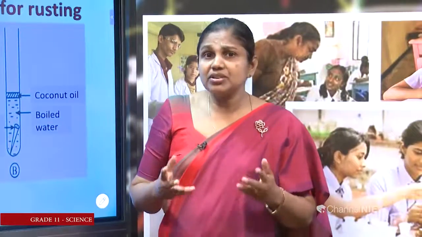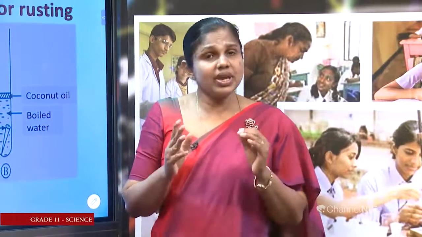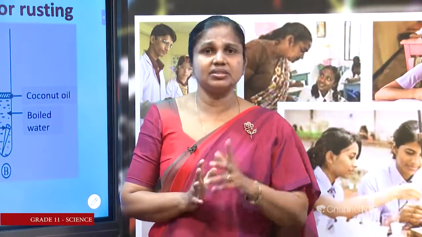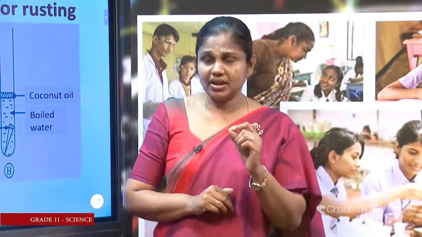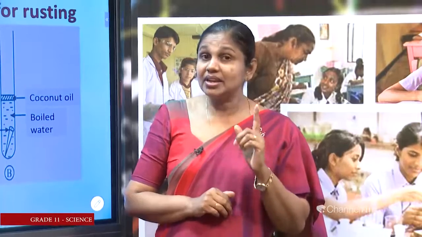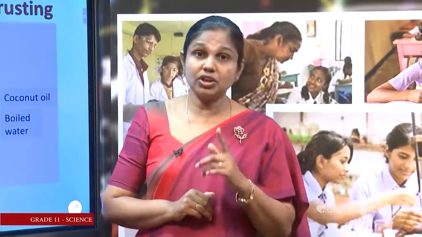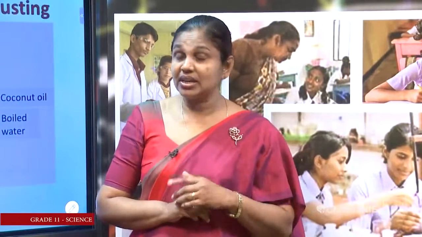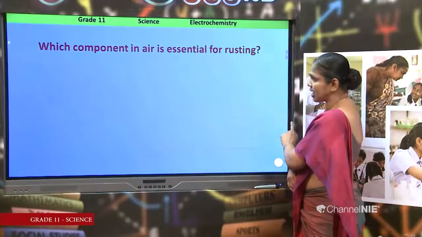Air means a mixture of a number of gases, right? So, which component in air is essential for rusting, children? Now, there is another activity to see which component in air is needed for rusting. Okay, right. Let me show that.